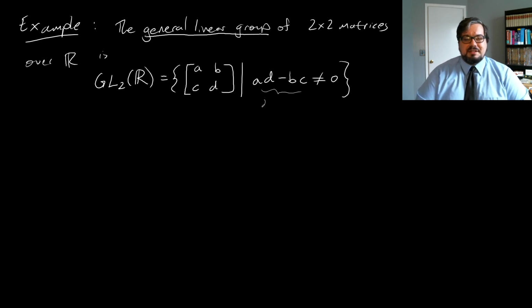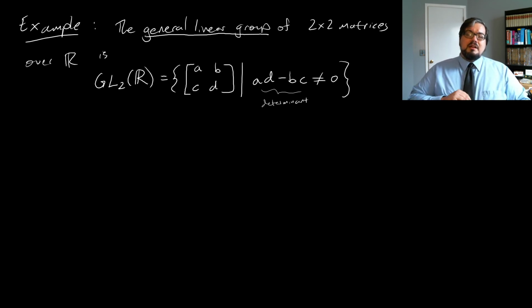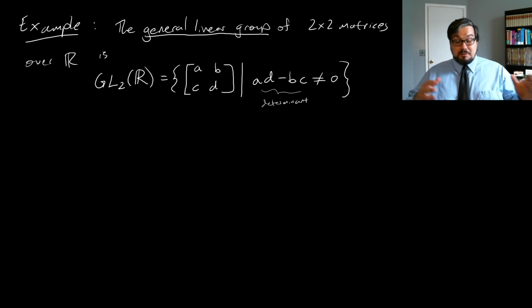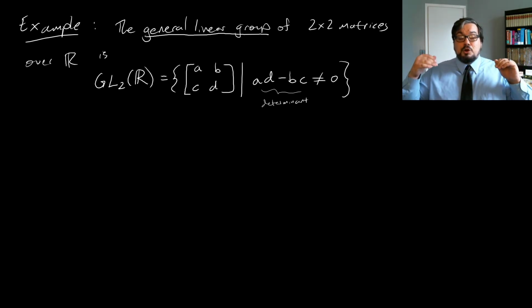Remember that this is the determinant of the matrix A, B, C, D. If you recall your linear algebra, every matrix corresponds to a linear transformation between two vector spaces. GL2R corresponds to linear transformations from R2 to R2, the plane, that are invertible, that you can undo, that don't lose any information.